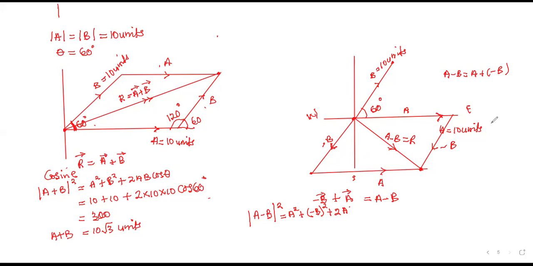Hence, using what we've been doing as the equal vectors approach, draw equal vectors of both A and negative B. Then, looking at the direction of A and B, you can tell that the resultant will be drawing a vector from the common point along the diagonal to this point. So it is the same as what we've been doing. The only difference is that here we must negate B to get that.